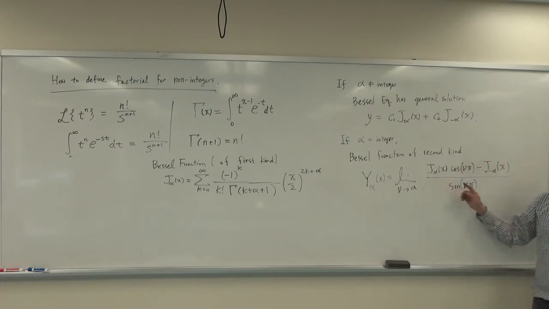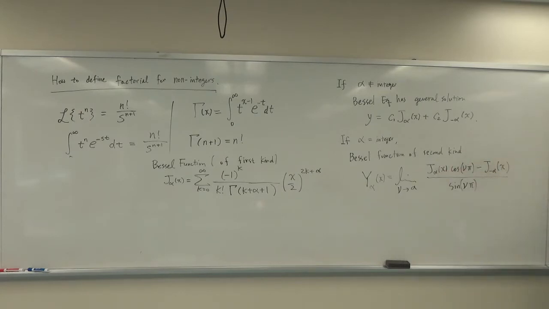And if you take this limit, what happens is that when nu is an integer, cosine nu pi is close to 1, whereas the sine will get close to 0, so you can't evaluate it at an integer. However, you can still take the limit because the top one will become 0.